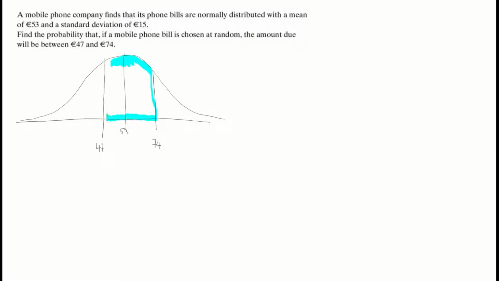Now the only difference here is that in this question, they've given us money. They haven't given us z-scores. So we basically need to turn these numerical values of euros into z-scores.